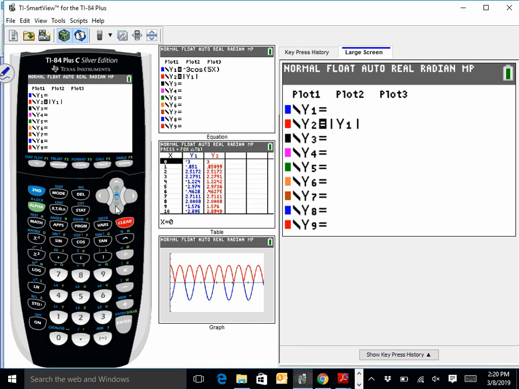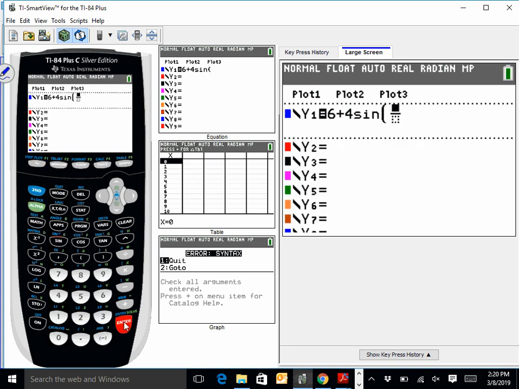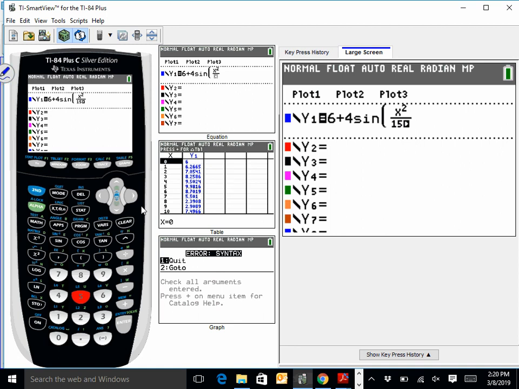I'll type in my function, 6 plus 4 sine, and I'll use my fraction bar, x squared over 15. And again, even though the function has a t in the problem, we type it into our graph with x.